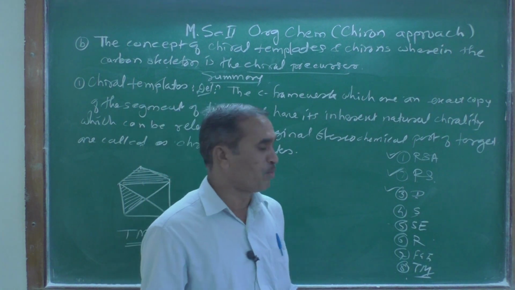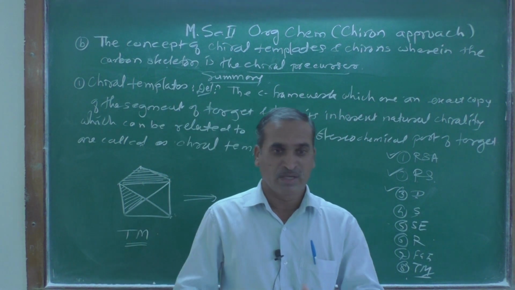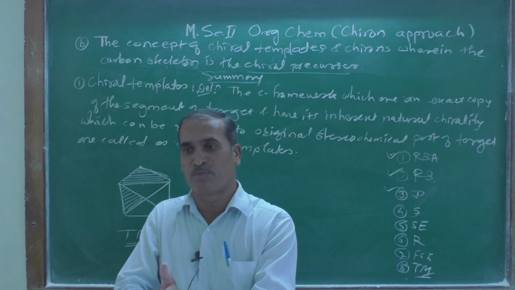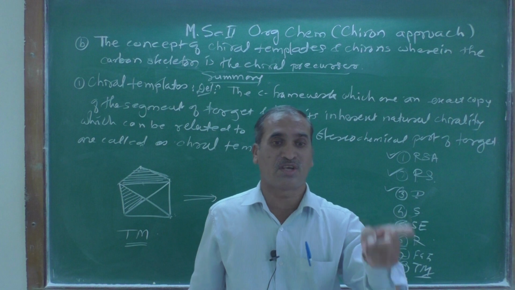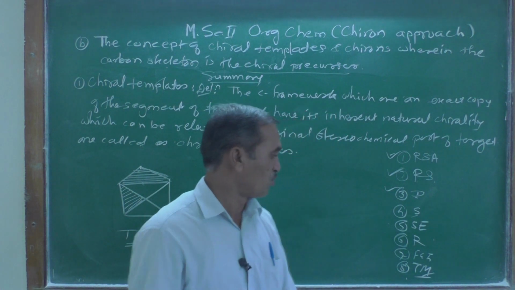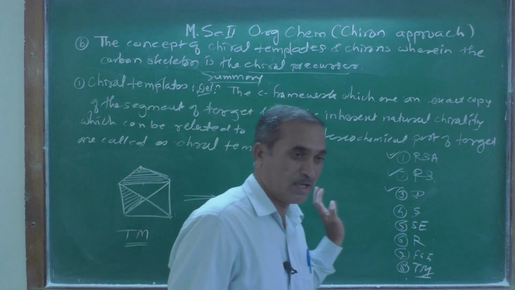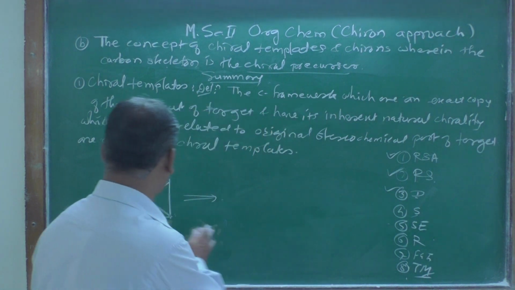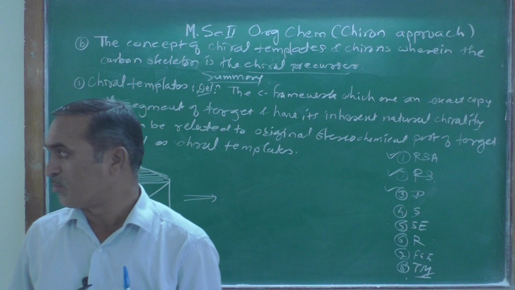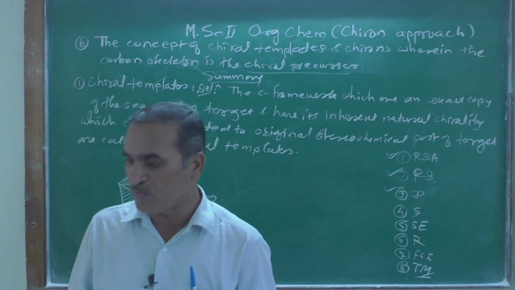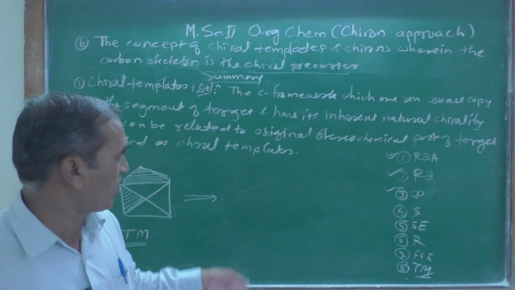Functional group interconversion means one functional group is converted into another functional group so that the disconnection becomes possible. And the target molecule, as we just saw, is the molecule whose synthesis is being planned.